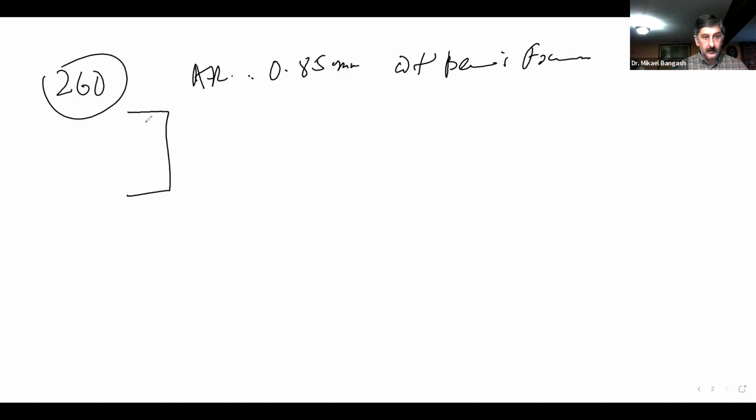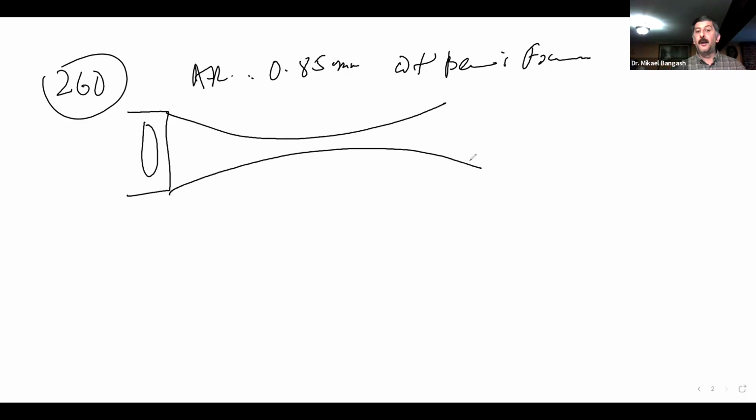Here they are mixing a lot of things. So this was your transducer with the beam, right? Now what they say is that at the focus, which may be here, let's say this is the focus. At this point here our axial resolution is 0.85 millimeters. Did that make sense?